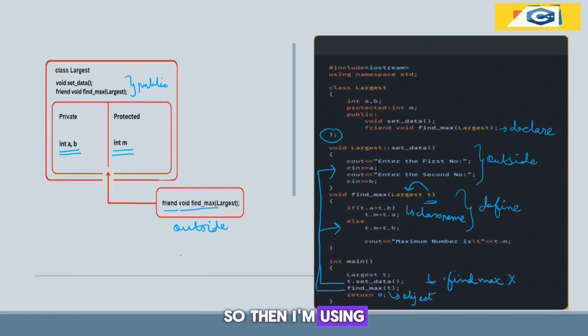When I am using an object as parameter, I need to use object dot variable name, that is t dot a greater than t dot b. If the value of a is greater than the value of b, suppose a is 10 and b is 12, with the help of the object I am accessing the value of a. Is 10 greater than 12?